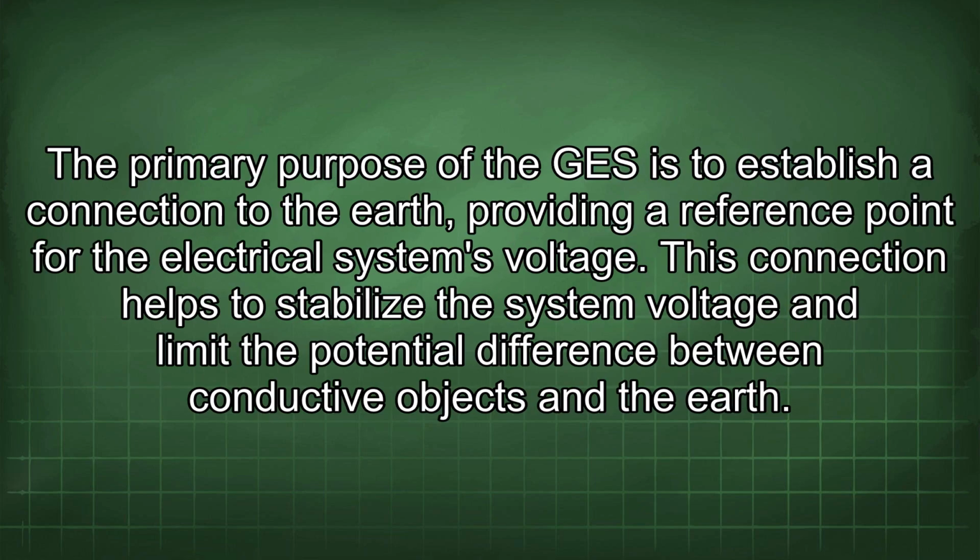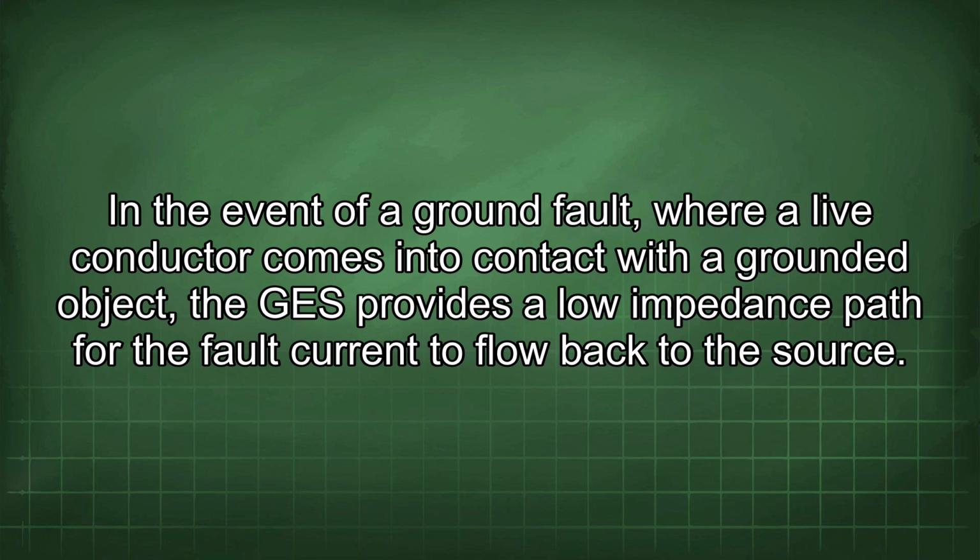The primary purpose of the GES is to establish a connection to the earth, providing a reference point for the electrical system voltage. This connection helps to stabilize the system voltage and limit the potential difference between conductive objects and the earth. In the event of a ground fault, where a live conductor comes into contact with a grounded object, the GES provides a low impedance path for the fault current to flow back to the source.